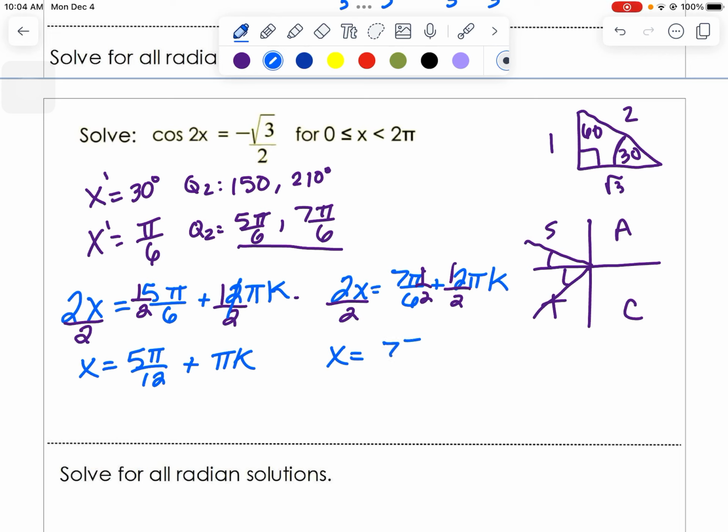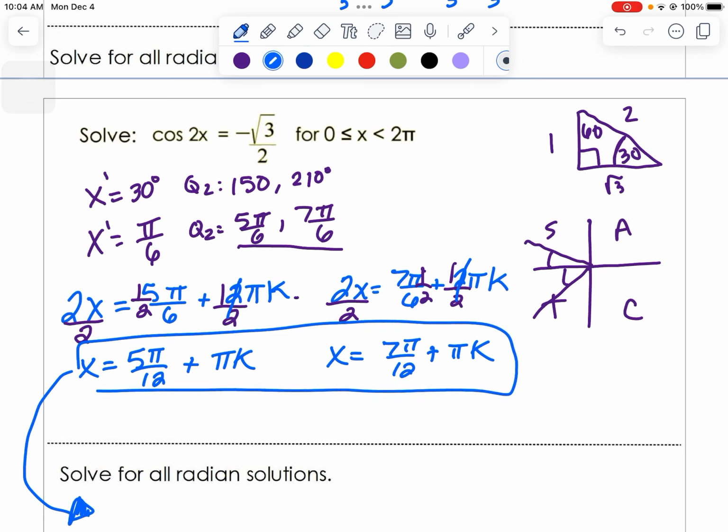And over here we're going to get 7 pi over 12, plus 2 simplifies, pi k. So these would be the solutions for all radian solutions. If I'm looking for all, then that's the answers I'm looking for.